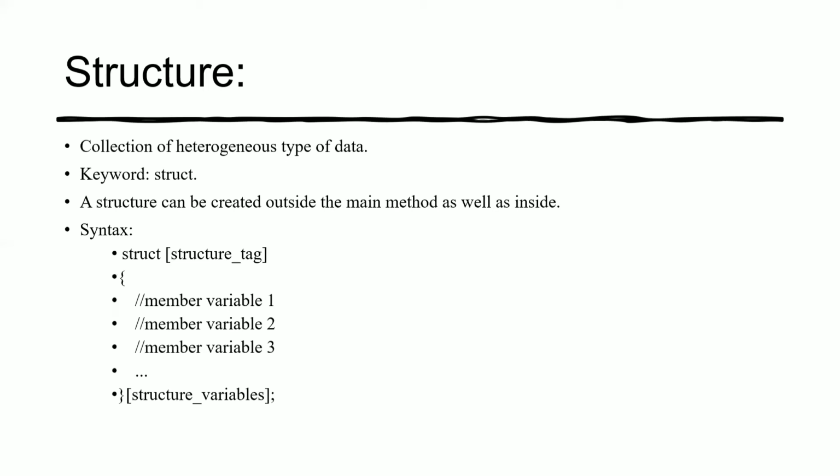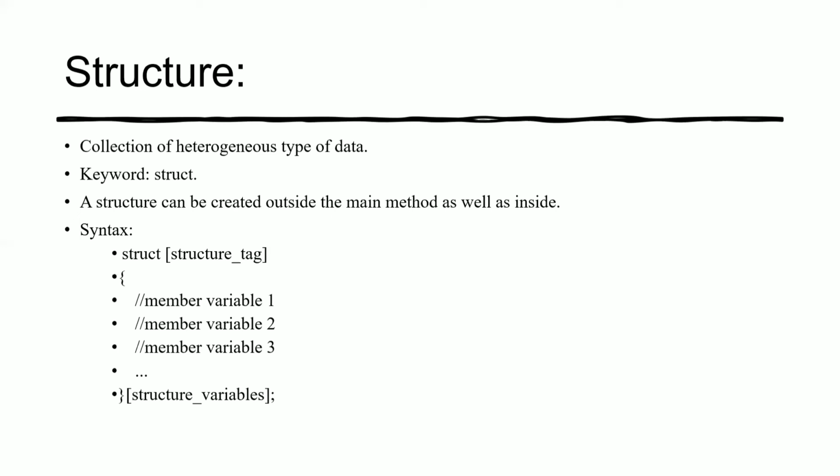Roll number will be of type integer, name will be a character array, grade will be character, rank will be an integer. So if we want to store all these kinds of data, then we can use this data type called structure. So structure is a collection of heterogeneous type of data. The keyword used here is struct.